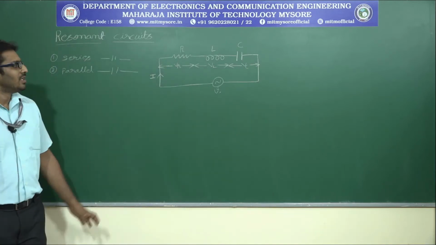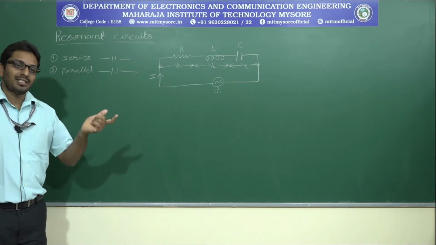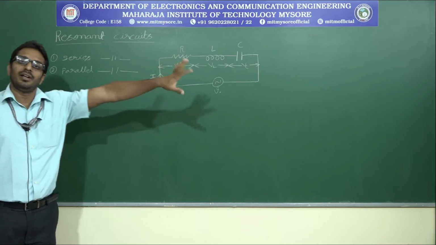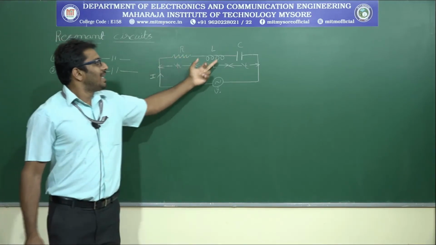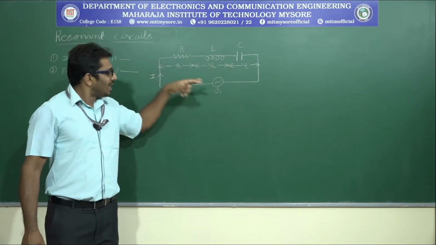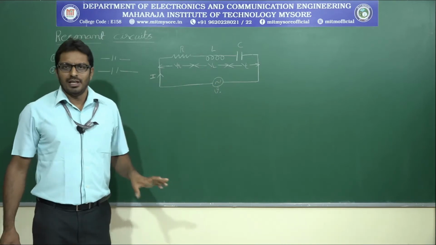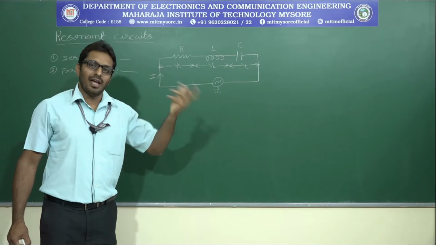Is that clear? I am trying to explain what resonance is, and particularly I am taking a series RLC circuit in order to explain resonant circuit. R, L, C series circuit, connected across AC supply of variable frequency. Let me discuss later what that variable frequency is and how it affects.